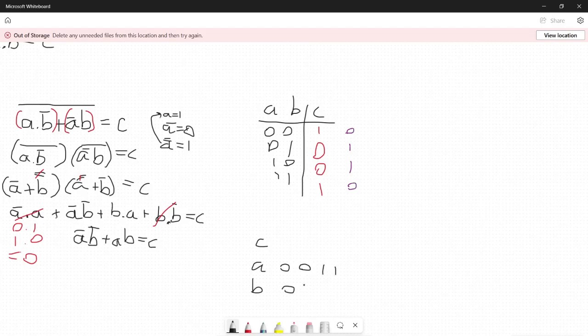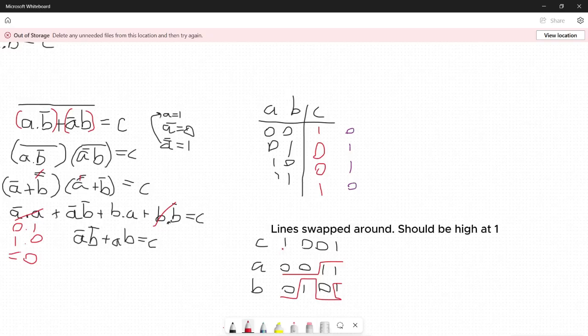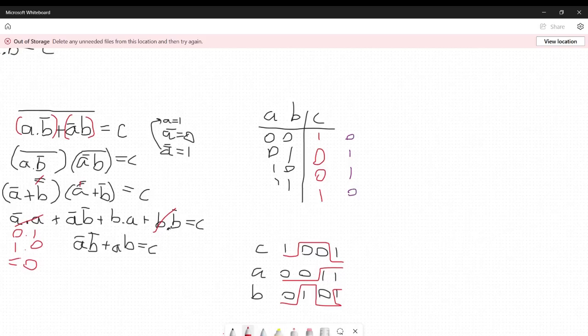This is 0, 1, 0, 1. And now, once again, we just have to compare, see, okay, those two are the same, those two are different, and that's the same. The nice thing is, if you're working with one of these that has multiple inputs, yeah, there we go.